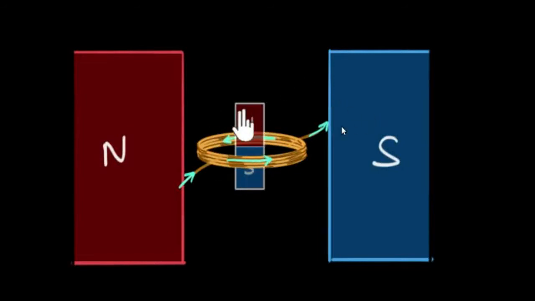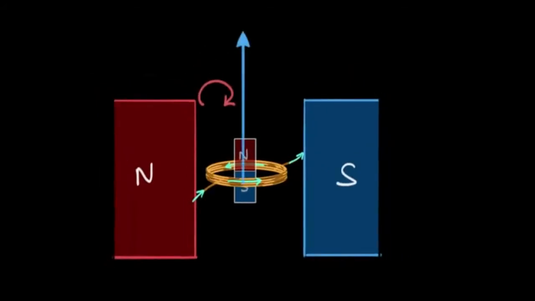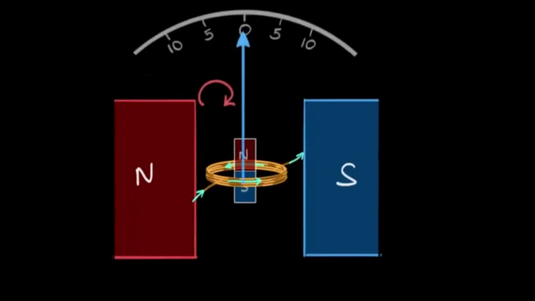Since this one is south pole, this bar magnet will turn in the clockwise direction. We can see that this bar magnet is turning in the clockwise direction.